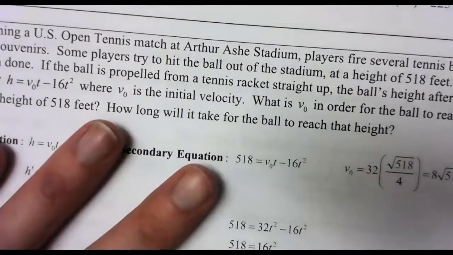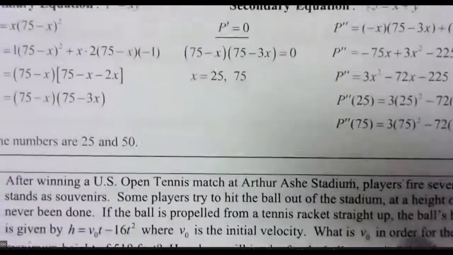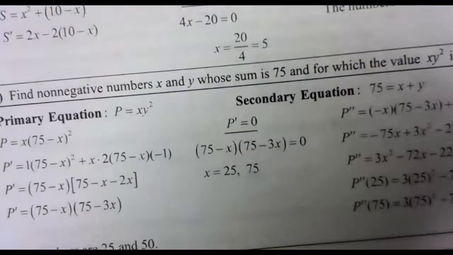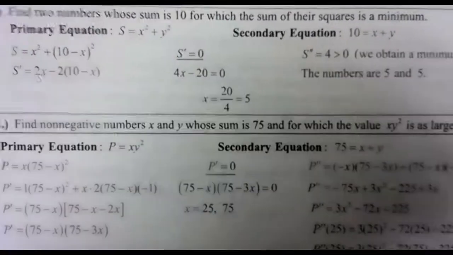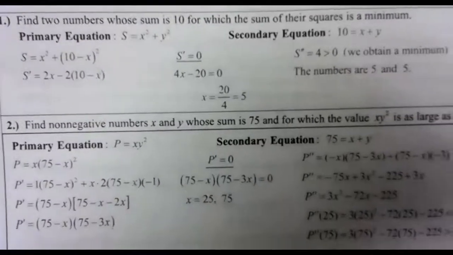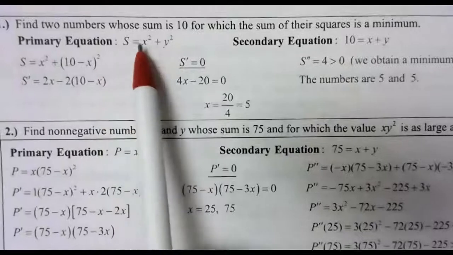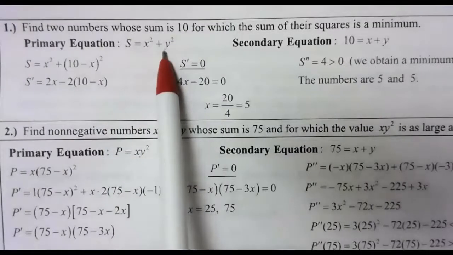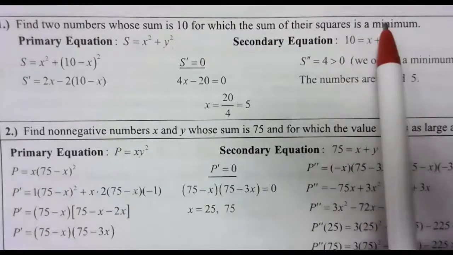And then yesterday we looked at that worksheet with the two equations. So I had started or talked about number 1 with a couple of you. In number 1, we had s equals x squared plus y squared for our equation for the squares.